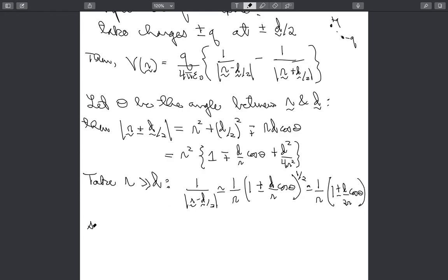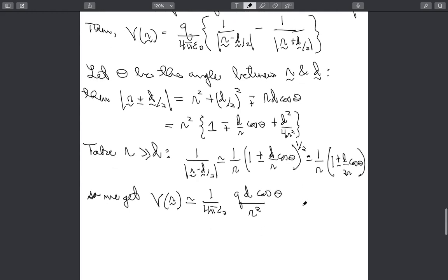Right? So if we use this formula here with the other formula for the change of sign, we get that V of r is now approximately equal to 1 over 4 pi epsilon 0, but now I have q times d cos theta divided by r squared.